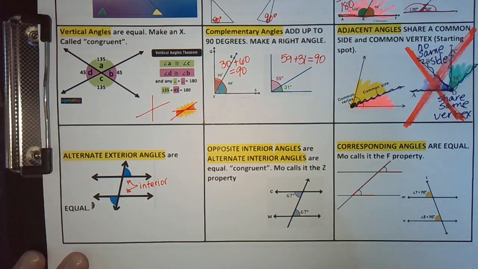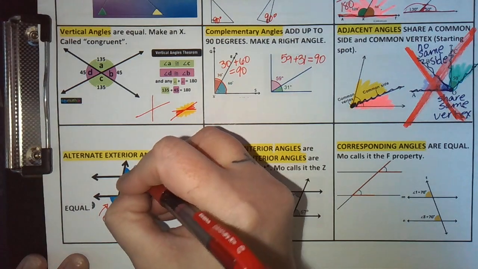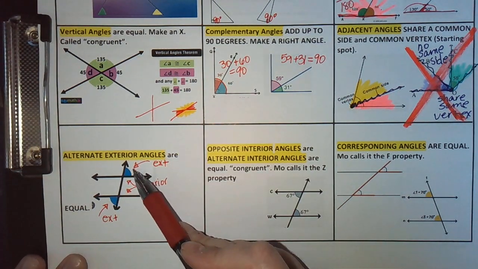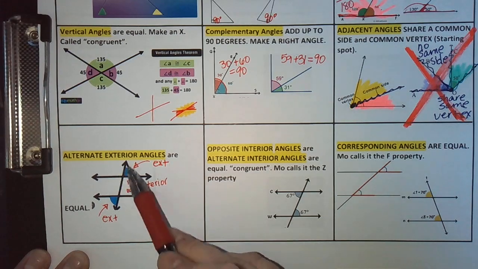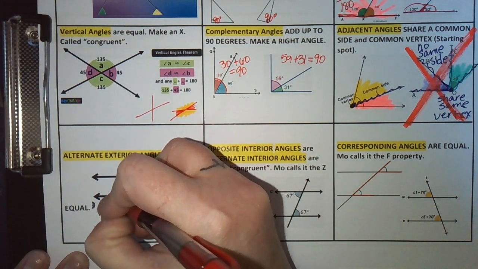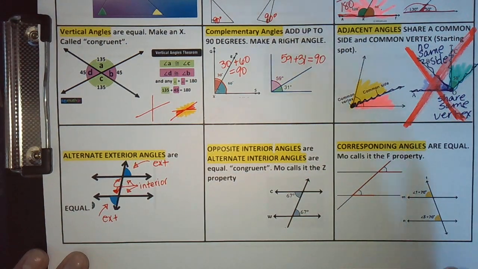So this angle that's blue, that's the exterior because it's on the outside. And this other blue angle at the top, it's the exterior because it's on the outside. But interior would be any of these four.